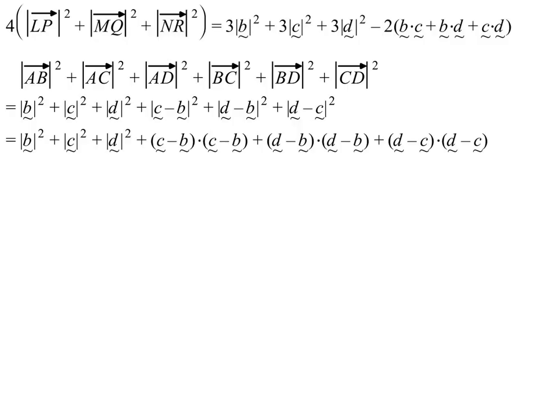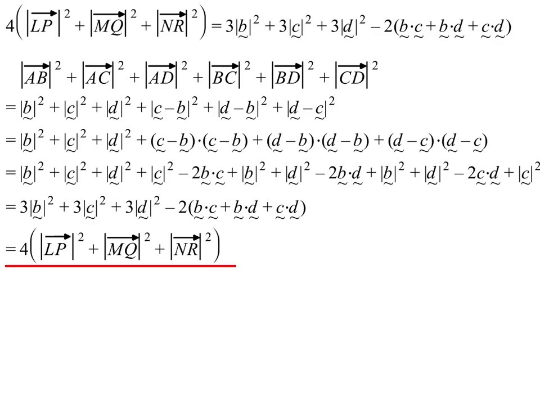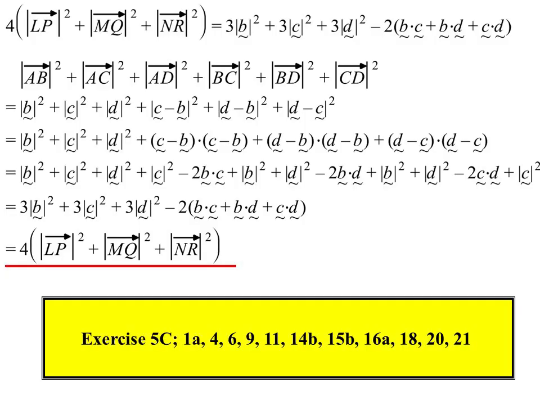So in the first one I'm going to get the magnitude of c squared minus twice the product, so 2b dot c, plus magnitude of b squared, and so on and so on. For each of those, if I collect everything together there, we do get the same as what I got on the other side. Well, therefore, those two things must be equal. I've ended up with the same thing. So yes, they are equal.